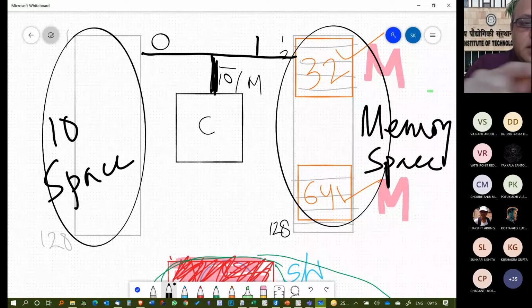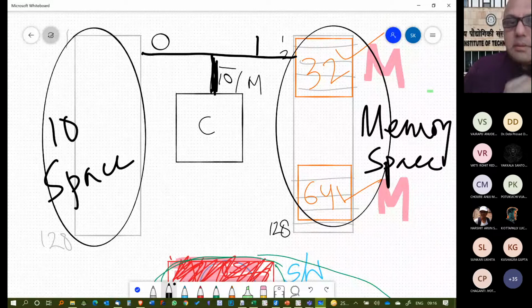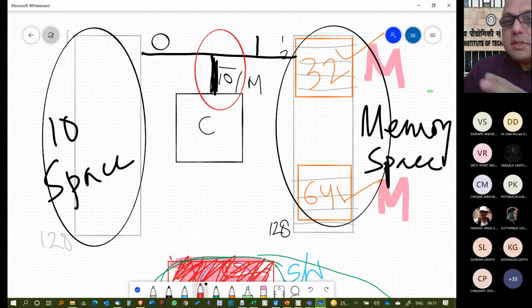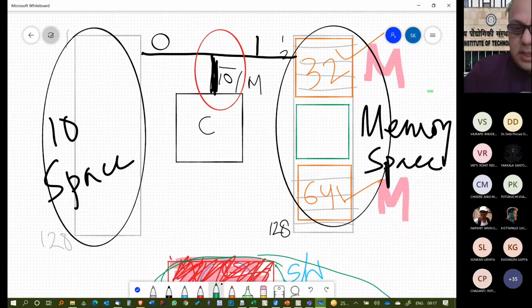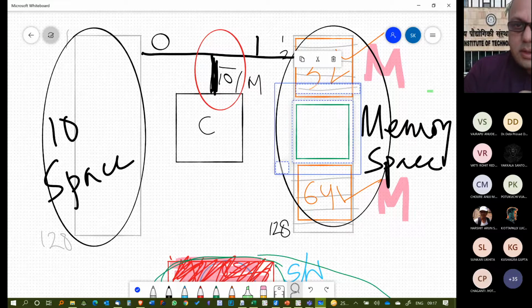Sometimes processors do this. The manufacturer gives you a wire like this, which allows you to choose whether you are addressing something in memory or in the peripheral space. We call that an IO peripheral space. But then if you have the peripheral which I had put here earlier, I am still fighting with Microsoft Whiteboard.